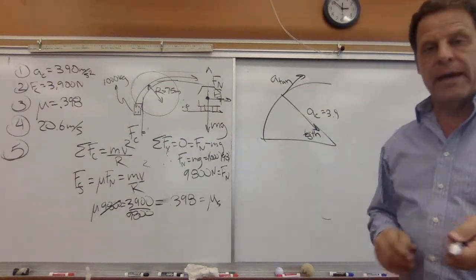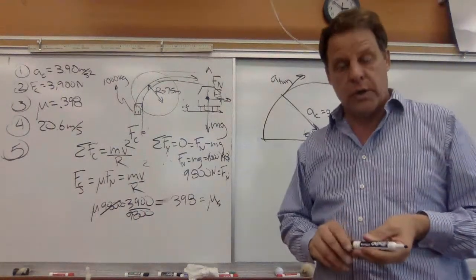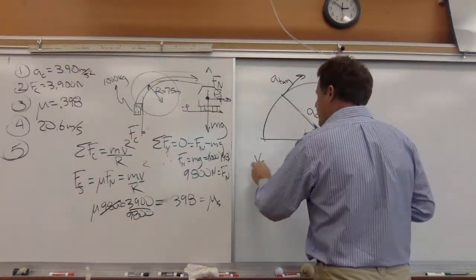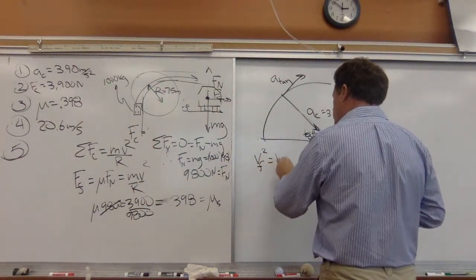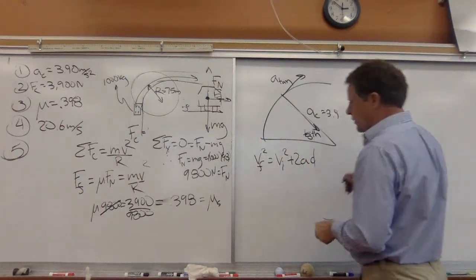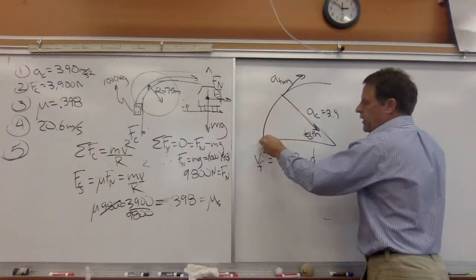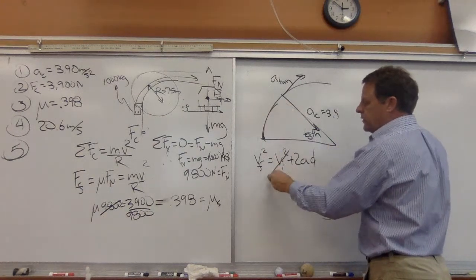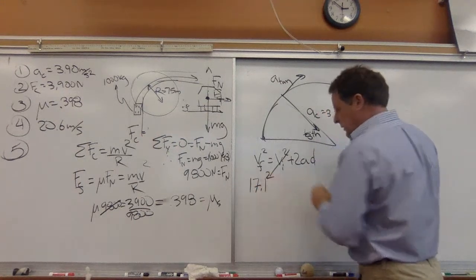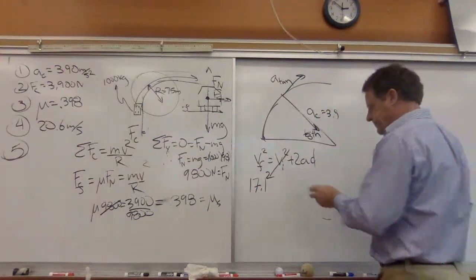Now, this really is going back to a kinematic equation in which V final squared is equal to V initial squared plus 2AD. It already said that it's going to start out at 0, and we already know that it's going to end up being 17.1.